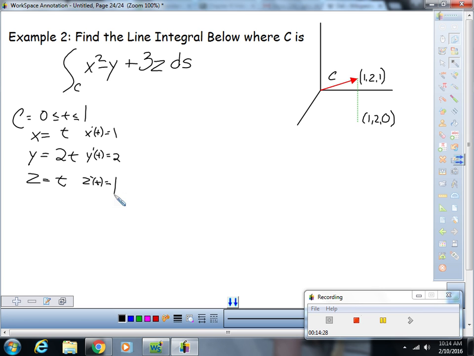Okay? So here's what we do. We change that. What are our limits on t? It goes from 0 to 1. What's x in terms of t? X is t. So now this becomes t squared minus 2t plus 3t.